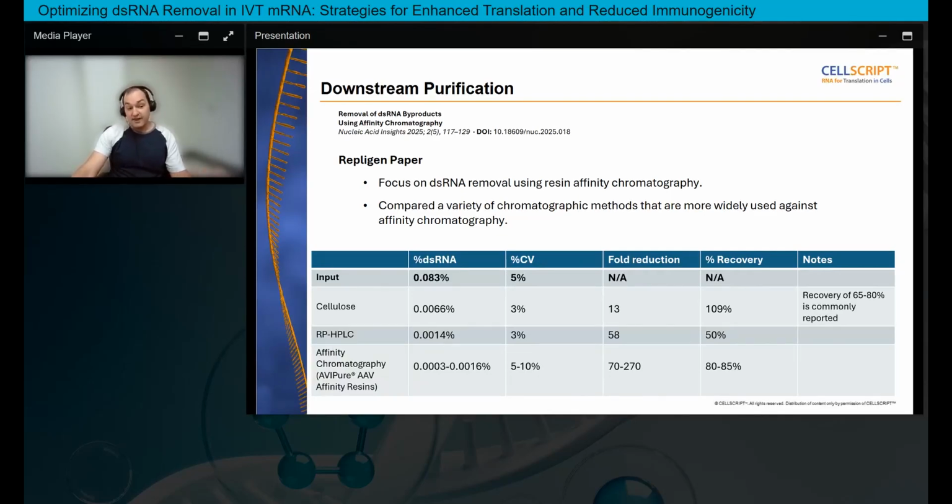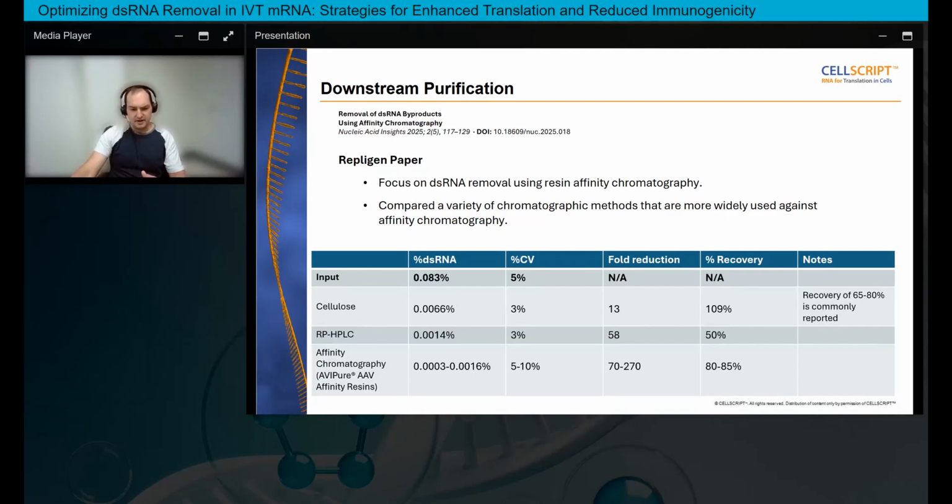Now, if you can't prevent it, let's say that you don't have the resources to produce a bunch of T7 mutants, or the reaction condition optimization doesn't work for you, there's a lot of other strategies for downstream purification after the fact. There's a very interesting Repligen paper by Nathaniel Clark that did a lot of focus on all the different chromatographic methods for removing double-stranded RNA.